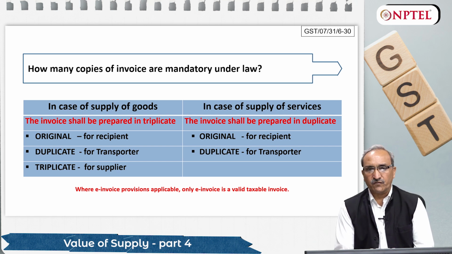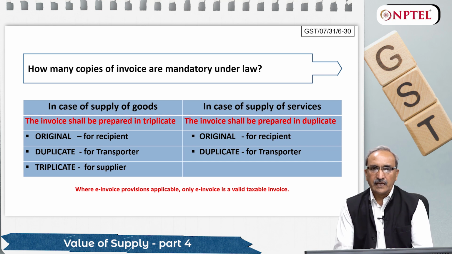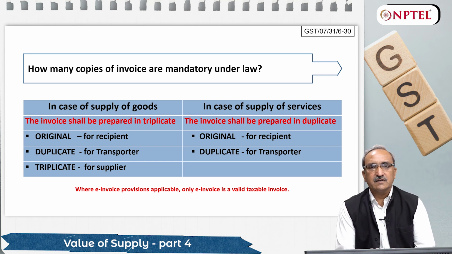He will write his books of accounts and make payment to the supplier based upon the original copy of the invoice. The original copy must be marked as original, and the duplicate copy of the invoice will go with the truck and the driver will carry this along with the goods. So on the way to the consumer's premises, if any government official checks the vehicle, it must carry the invoice.